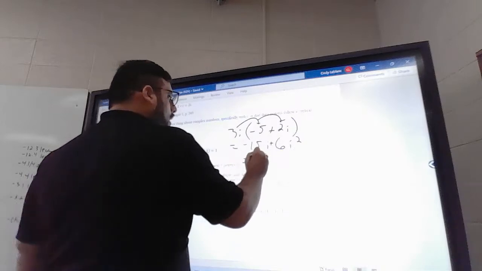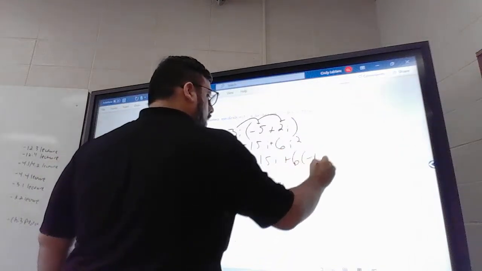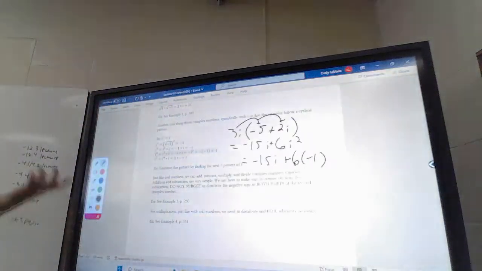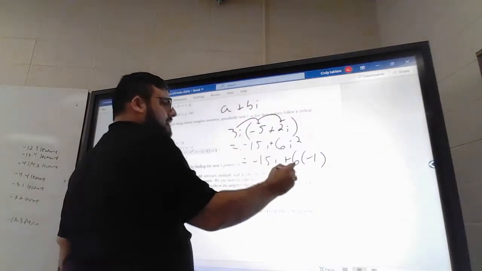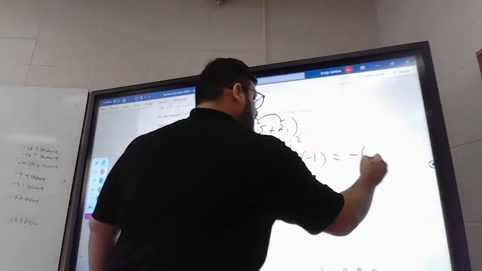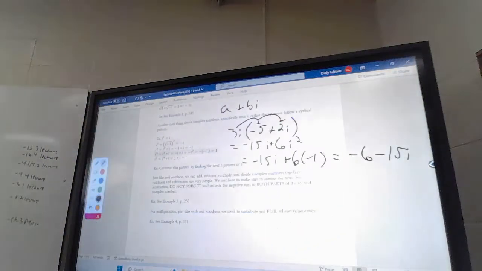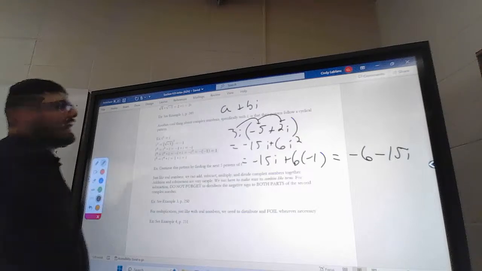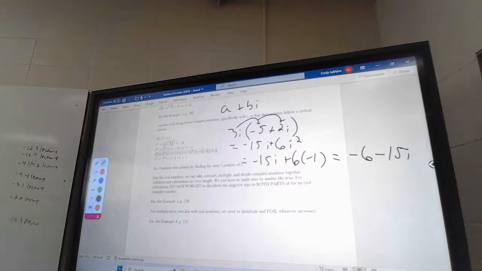Remember, i squared is always -1. And of course, we want to put that in the form a plus bi. So that gives me -6 minus 15i. Okay. Again, you always put it in the form a plus bi or a minus bi, whatever.